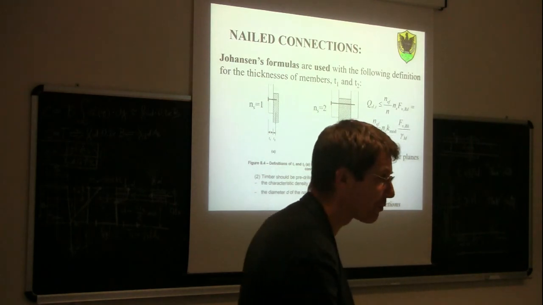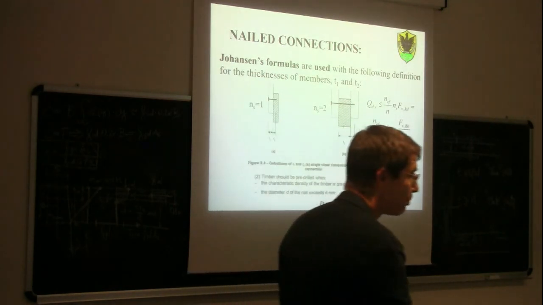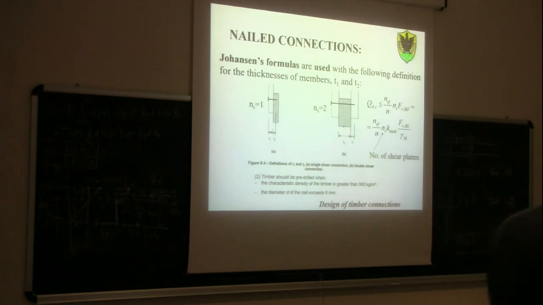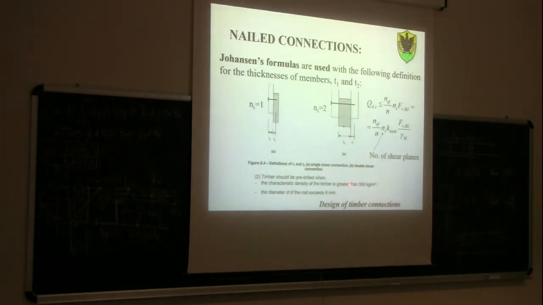You risk burning your drill in a hardwood, because it's much more resistant, much more dense, you see. So in this case you need to pre-drill. And also when the diameter d of the nail exceeds 6 mm. So above 6 mm, first I need to pre-drill to 80% of the diameter of the nail, and then I can insert the nail itself.